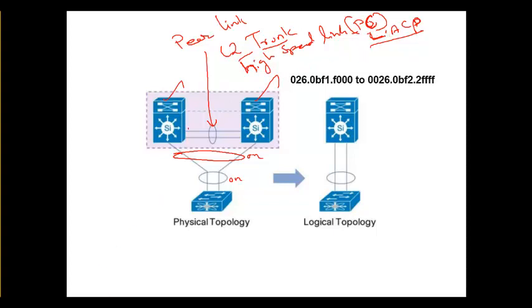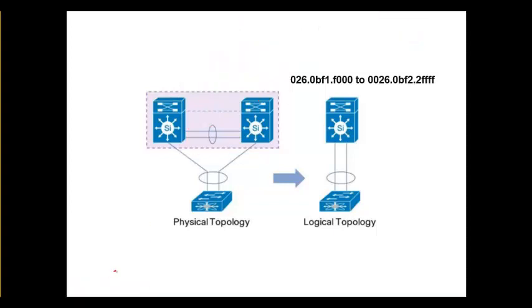Right. Now we saw the peer link. What is next is the keep alive link. Keep alive link is a layer 3 link. Keep alive packets are sent only on layer 3 links.